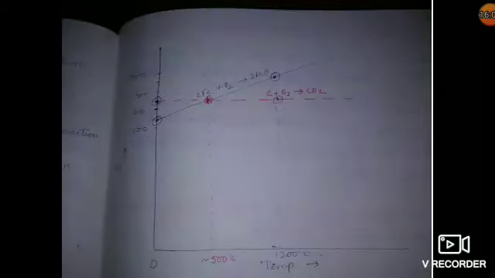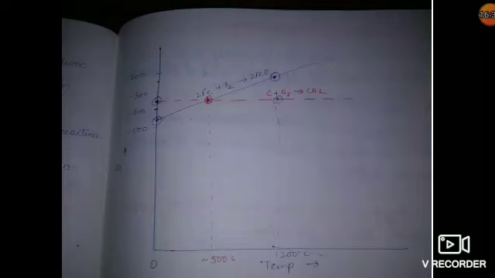Let's see the application. From the Ellingham diagram graph, I just took out a portion. Here the delta G value versus T is plotted. This broken line is for the oxidation of carbon, that is carbon plus oxygen to carbon dioxide, and this blue line is for the oxidation of iron to iron oxide.